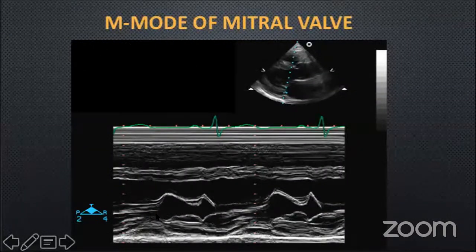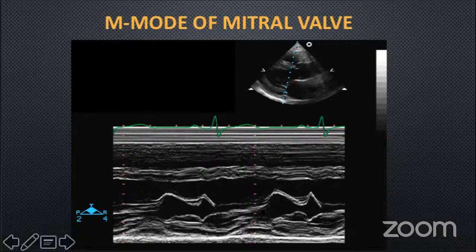The other thing I want you to remember is the M mode, which a lot of people consider prehistoric, but I find it very helpful in many conditions. It gives me the opening of the mitral valve in diastole and its closure. And I want you to notice that the closure brings the two leaflets together and they look like a straight line.